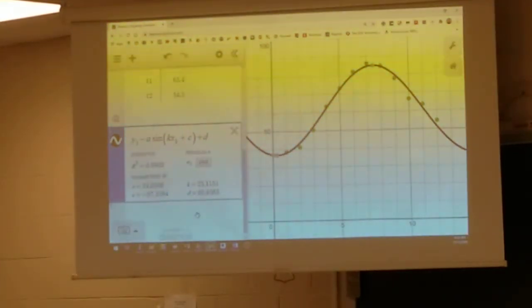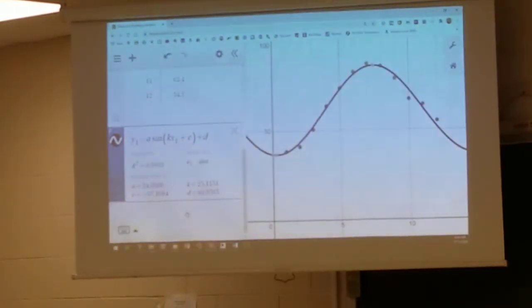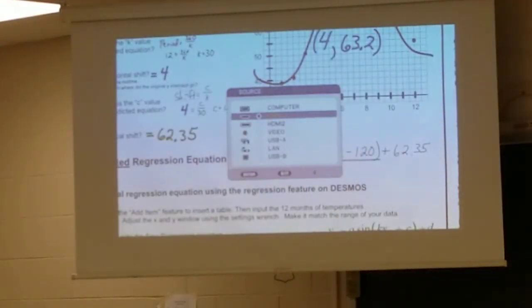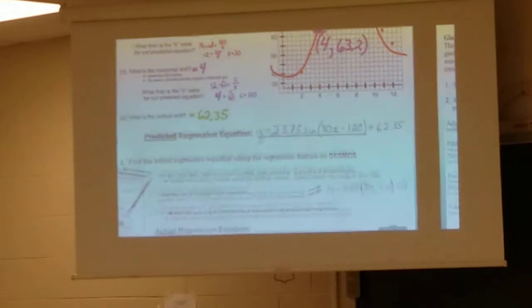I guess we basically would just copy them down. But I want you to notice it's a equals 24. It's k equals 25. It's c equals negative 97. Those numbers represent the best fit equation. And again, we would need to jot them down.